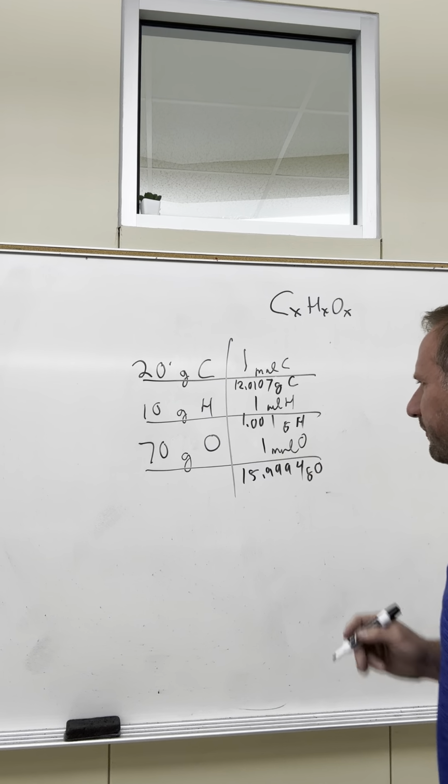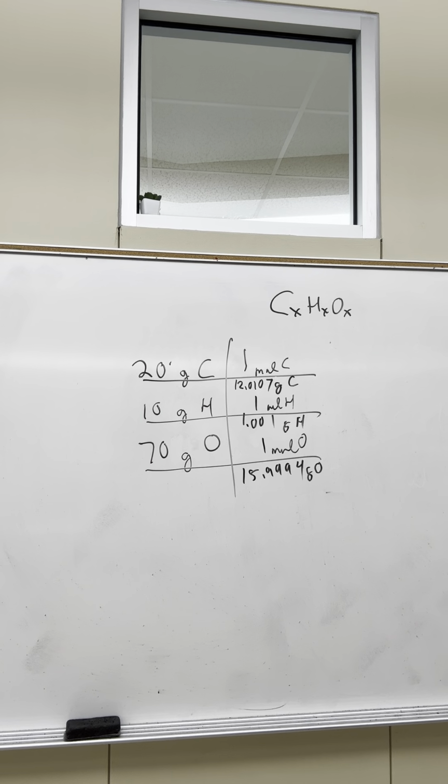We do the math and we're gonna get some number of moles of carbon, some number of moles of hydrogen and some number of moles of oxygen. Hope you guys remember this.